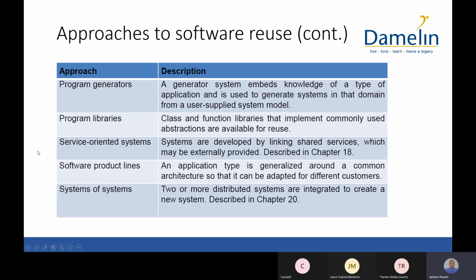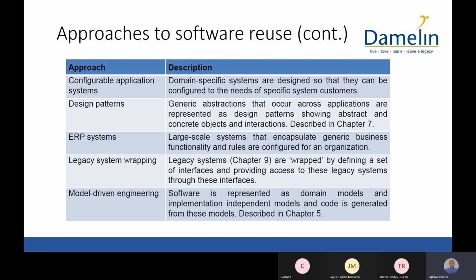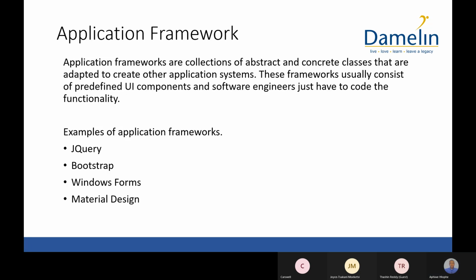Then we have project libraries, service-oriented systems, software product lines, which we talk about in a later slide, and systems of systems, which were already mentioned to you. So these are different approaches that exist. You can see it's a very comprehensive, wide variety of approaches that you can adopt.